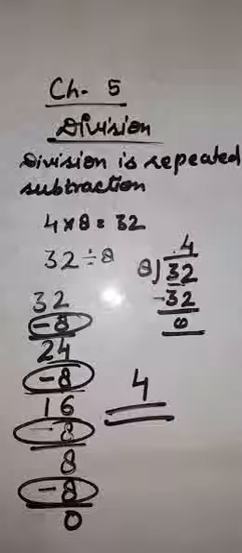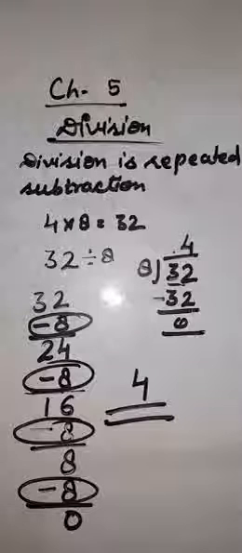Okay, so let's move on to some examples of division quotients as we have solved here. Now we should know about terms related to division. In a division sum, the number to be divided is called the dividend.